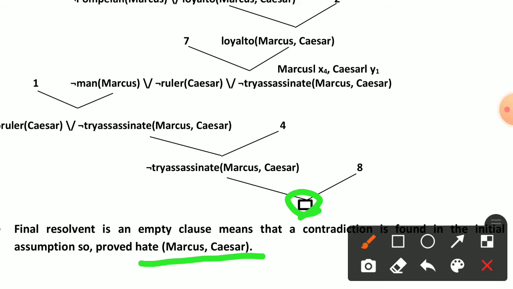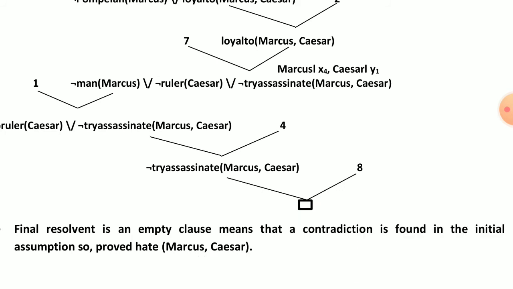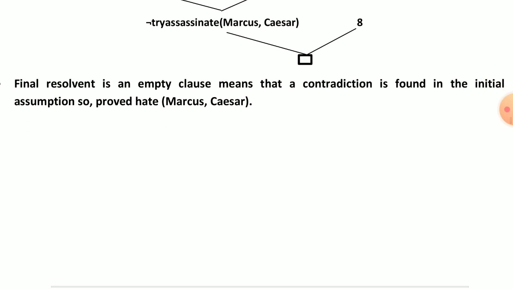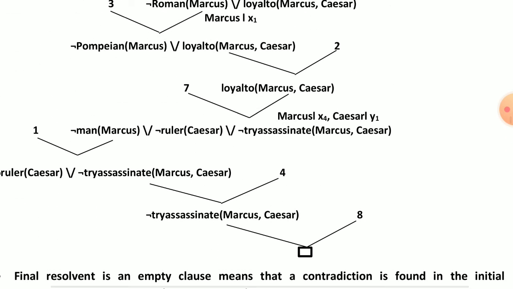So we can say that the contradiction is found and the proof is complete. Here our resolution topic is completed.